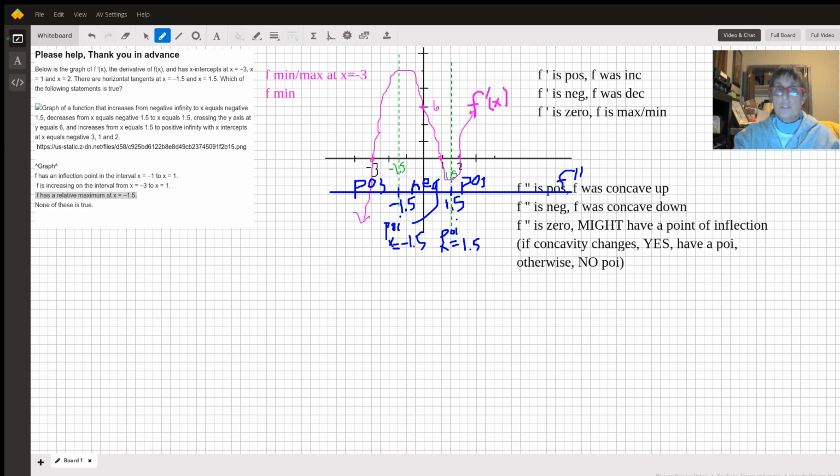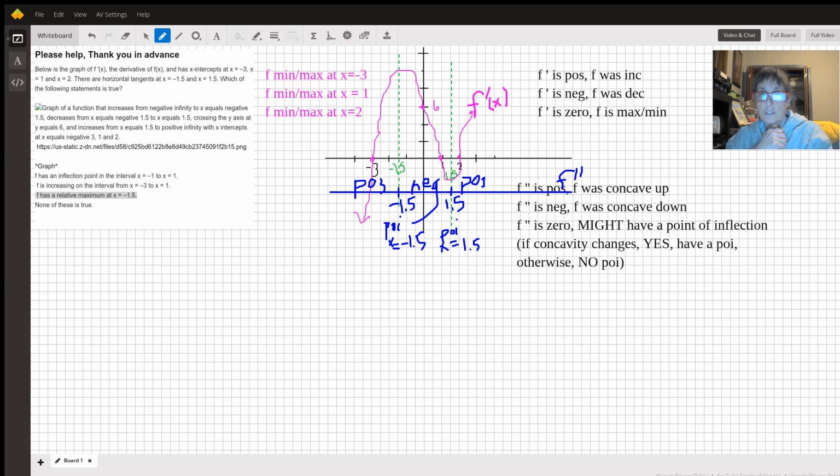Our original function is either a min or a max at x equals 1. And our original function f is either a min or a max at x equals 2. That's what these zeros tell us. Okay.